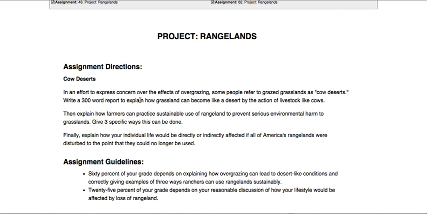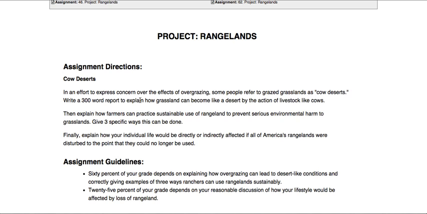And then the third part, explain how your individual life would be directly or indirectly affected if all America's rangelands were disturbed to the point that they could no longer be used. So what I'm looking for here is, think about what we discussed about loss of biodiversity.